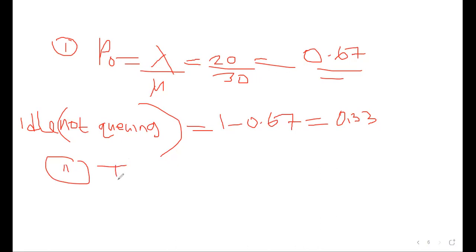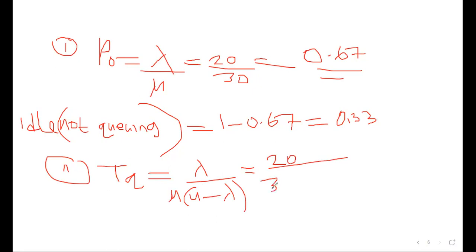Then the time in the queue. The formula is lambda over mu times mu minus lambda. Just substituting these figures, it will be 20 over 300.